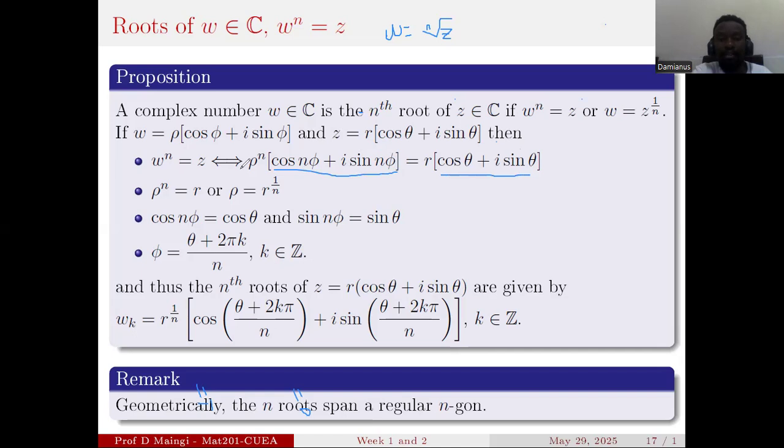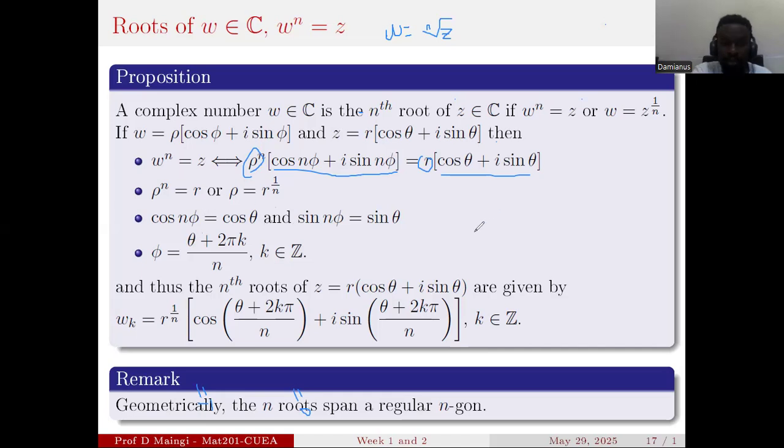So that means rho to the n is r. This corresponds to that, so rho is the nth root of r. And then cos n phi corresponds to cos theta, and sin n phi is sin theta. So what is phi?